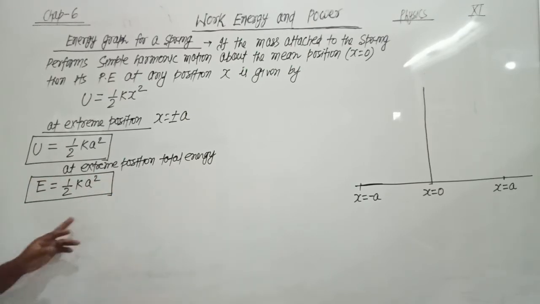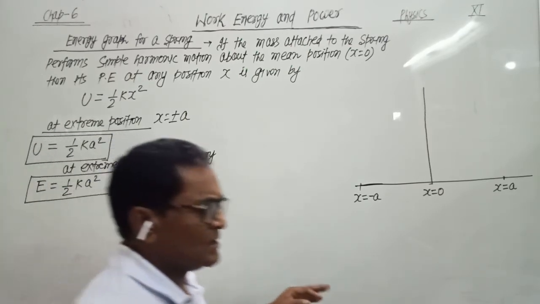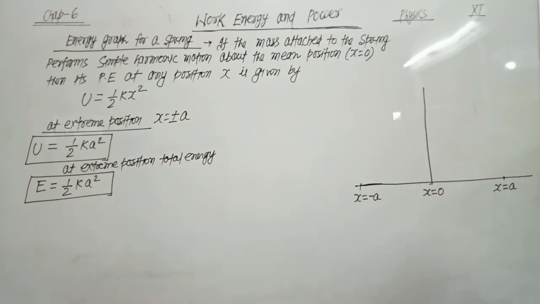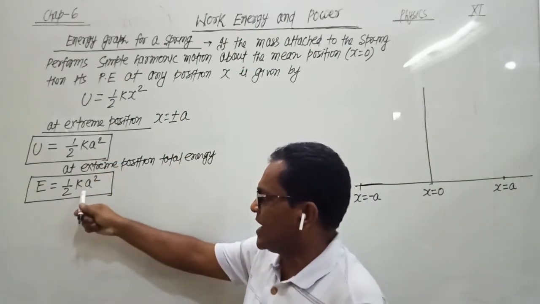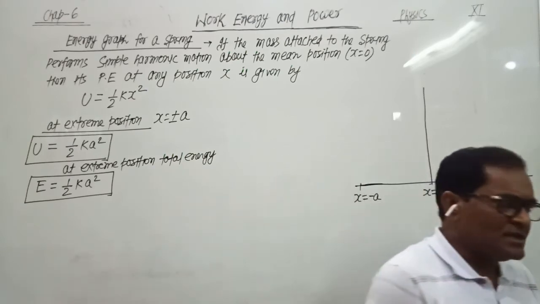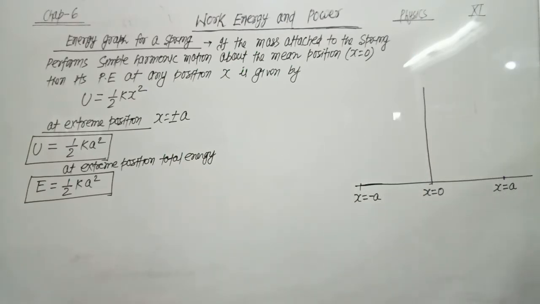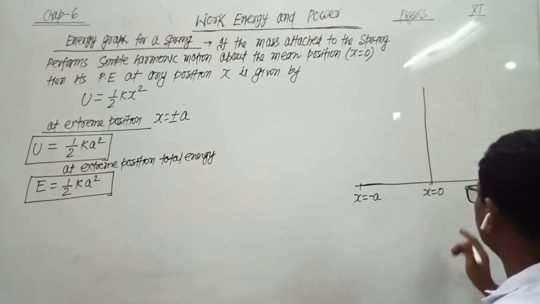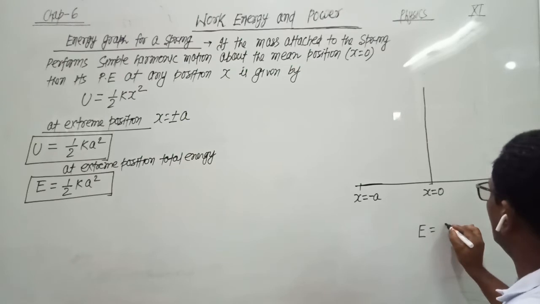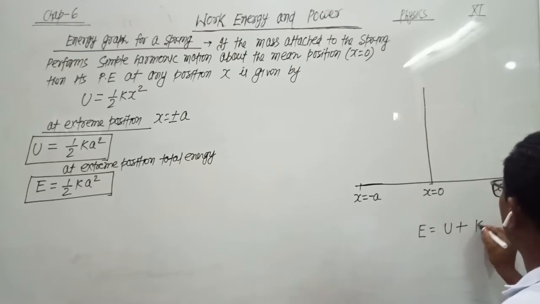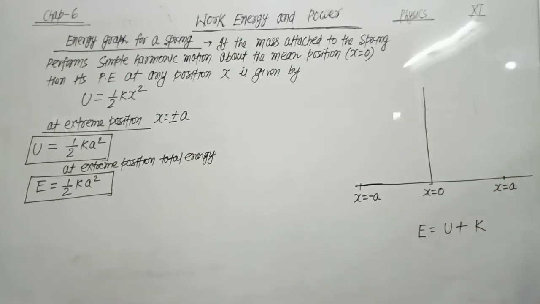Means at the extreme position, the total energy and potential energy are equal, because the formula for total energy is E equals potential energy U plus kinetic energy K.